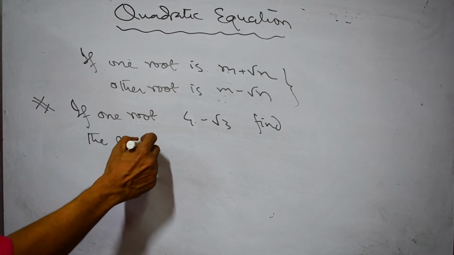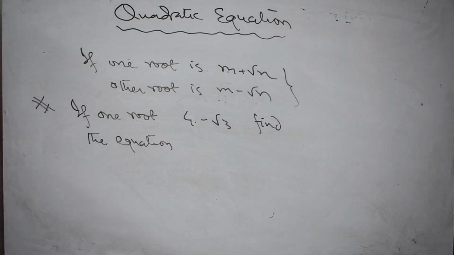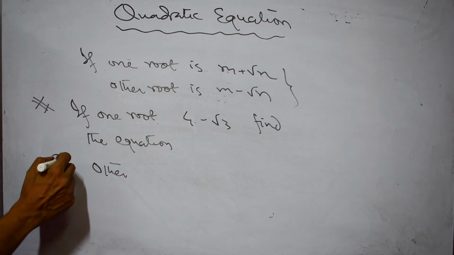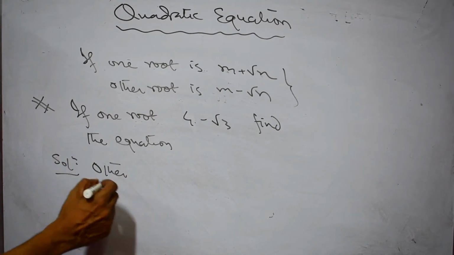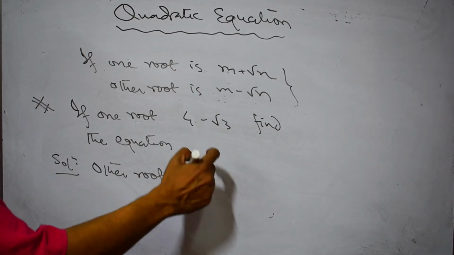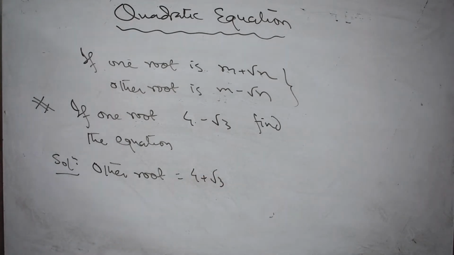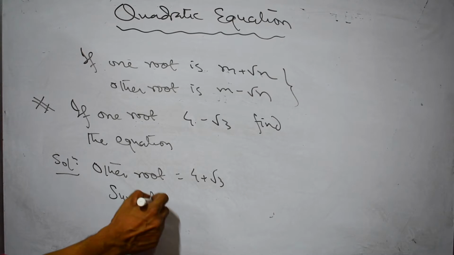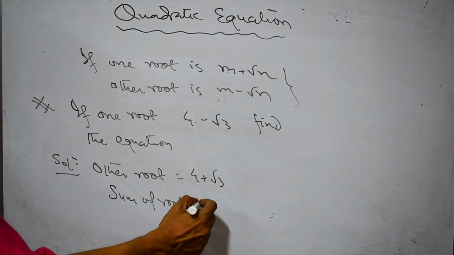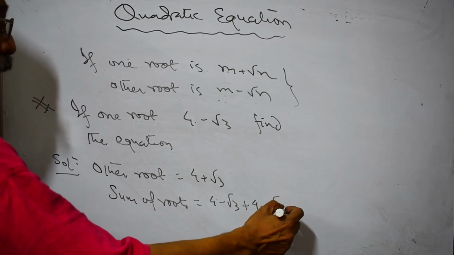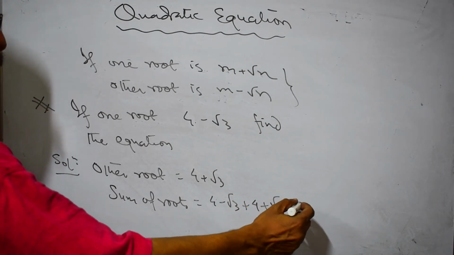So one root we know, 4 minus root 3, then the other root will be 4 plus root 3. So how will the equation be formed? Sum of roots is adding these two values, 4 minus root 3 plus 4 plus root 3. So root 3 cancelled, it is 8.